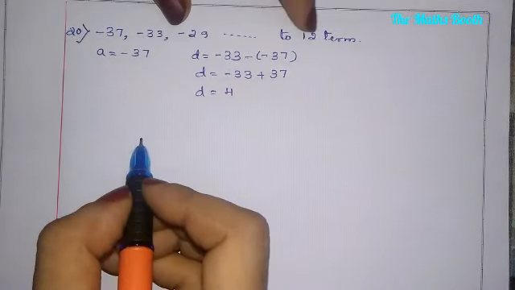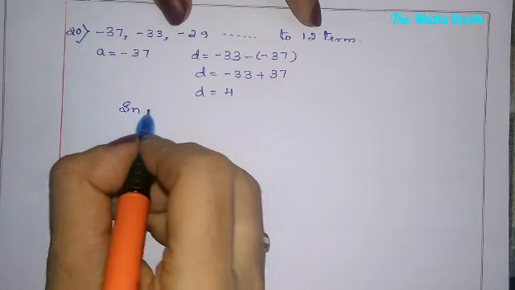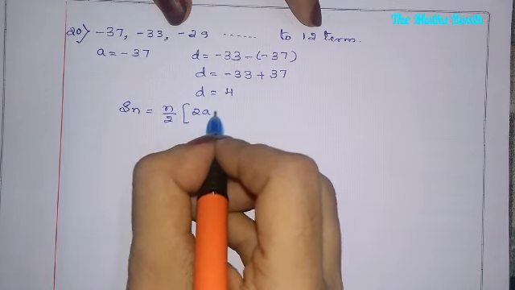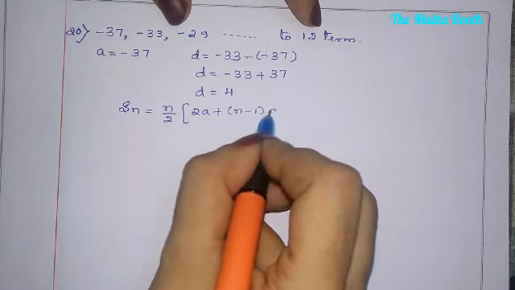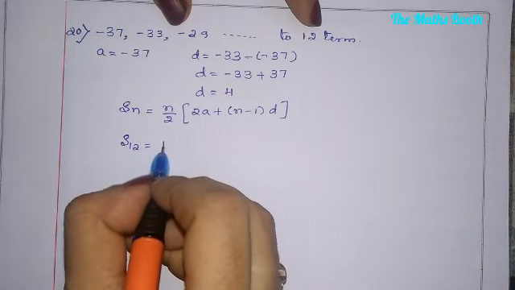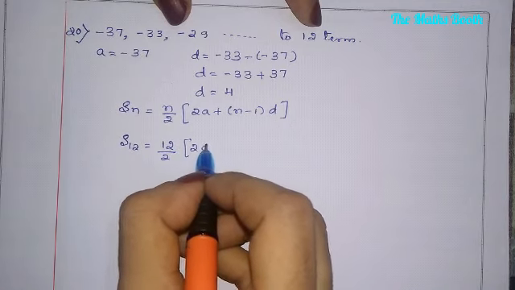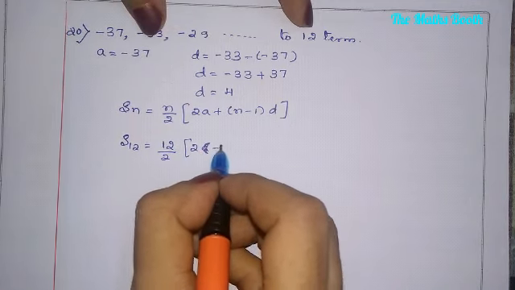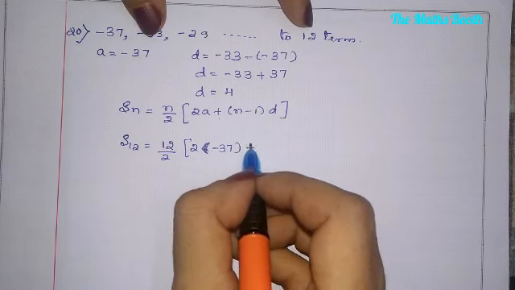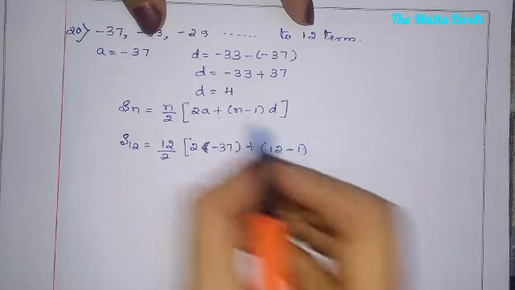Now find the sum of 12 terms, as they have told. So we know the Sn formula. Sn is equal to n by 2 times 2a plus n minus 1 times d. So S12 is equal to 12 by 2 times 2a. The a value is minus 37, so in place of a, minus 37, plus n is 12 minus 1 and the d value is 4.